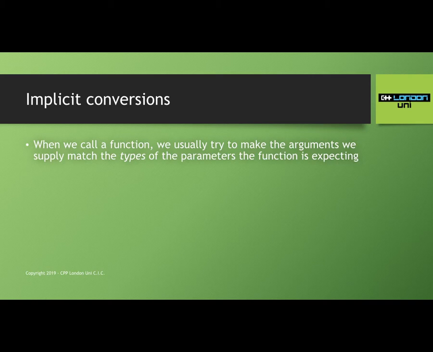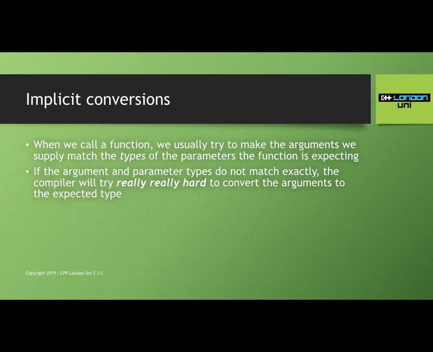Specifically, it means we can convert an int to a float. So when we call that function, the compiler is going to automatically do the conversion for us, kind of behind the scenes. Do it implicitly. We call this an implicit conversion.